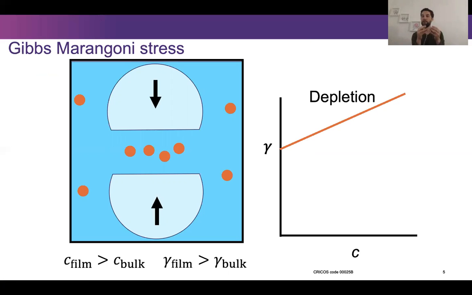And so now we have a thin film with a higher surface tension than the rest of the bubble. And so this will actually arrest or stop the drainage of this thin film due to the Marangoni effect, which describes what will occur when you have surface tension differences on a surface.